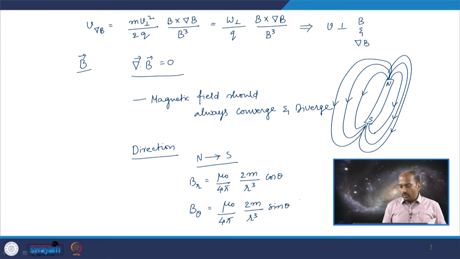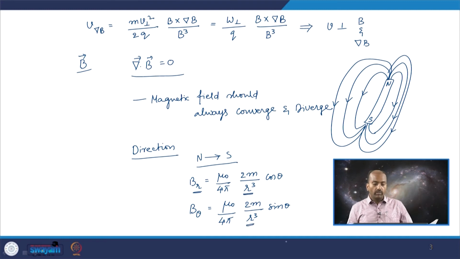So, what does it mean? It means that the magnetic field depends on the value of r. For different distances the magnetic field will be different. So, any realistic magnetic field that you find will always have a gradient. It's not possible that you will have a uniform magnetic field. It may be possible, but over a very limited space.